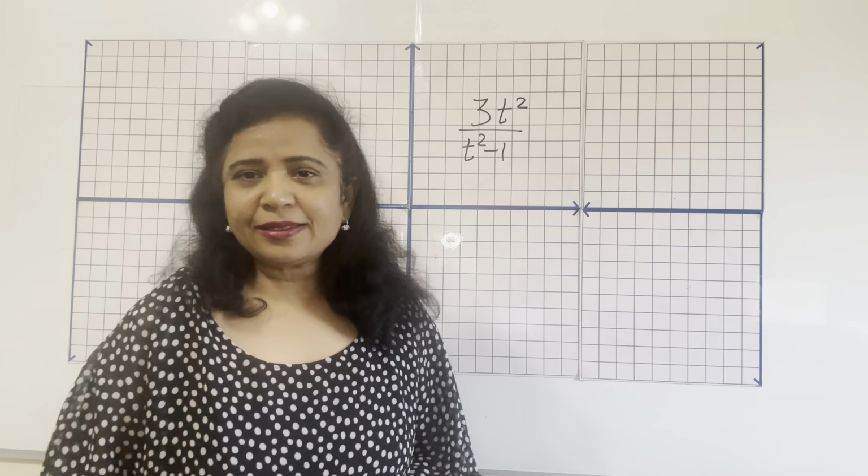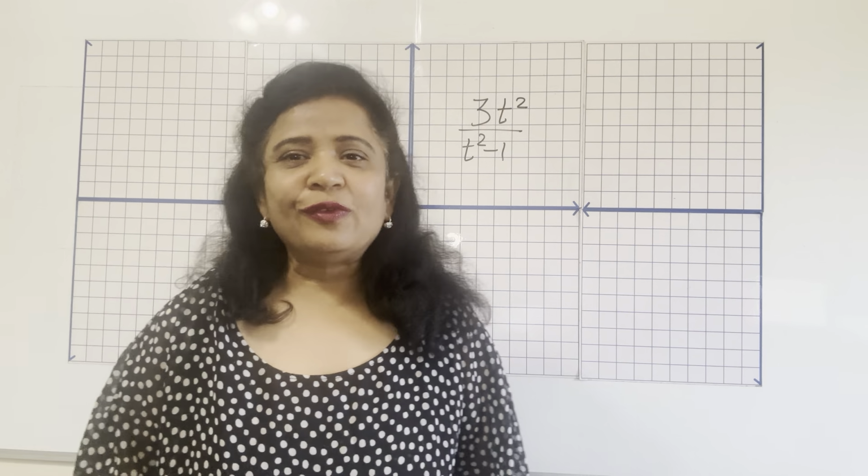As I said, in a fraction we have a dividend divided by a divisor. The answer is the quotient and the remaining is the remainder, right? But then what kind of divisor should we have? We cannot have 0, because any number divided by 0 is undefined. So we really don't want 0. This is one of the restrictions we have for any equation where we have a fraction. So we cannot have t squared minus 1 equal to 0.